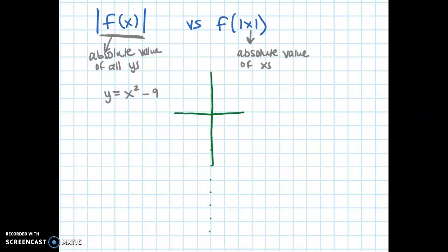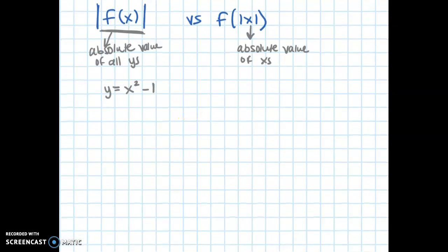This is a little excessive. Let's just do 1. Let's keep this graph small and simple. So this is a parabola that shifted down 1. The x-intercepts are also right here.